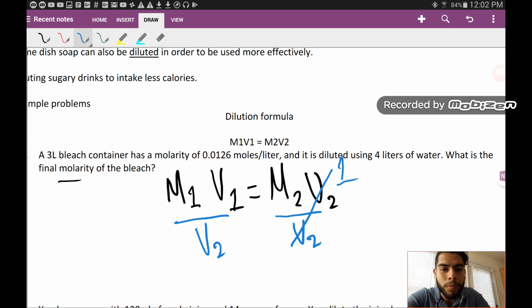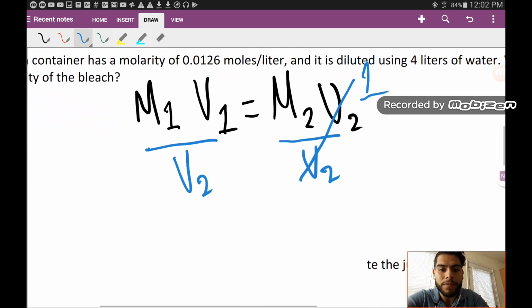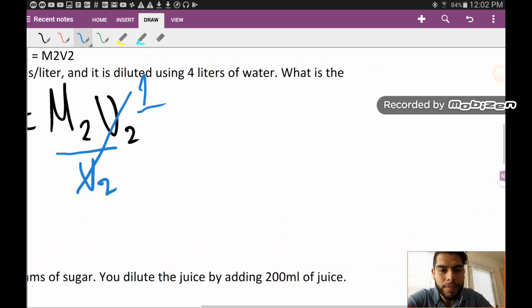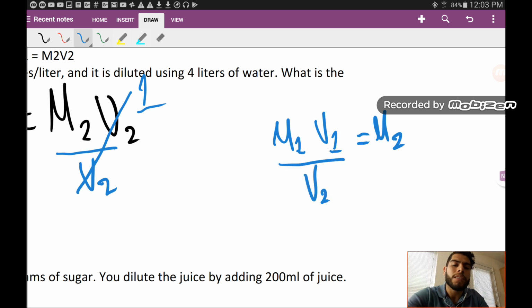And we end up with molarity 2 equals molarity 1 times volume 1 divided by volume 2. That's going to be our formula for the final molarity. So let's write that out over here. Molarity 2 equals molarity 1 times volume 1 divided by volume 2.